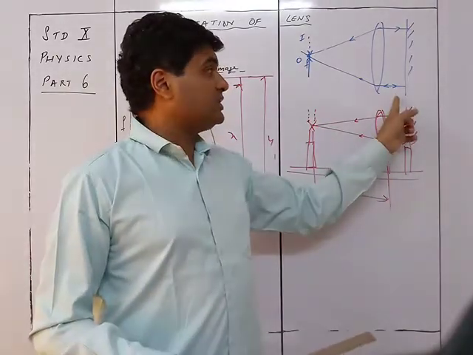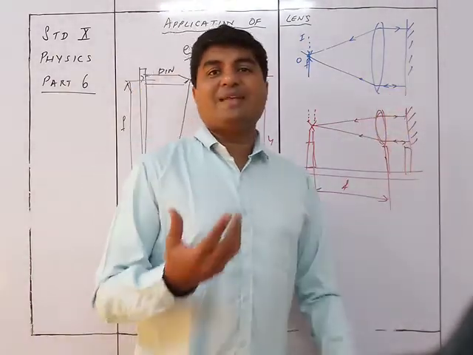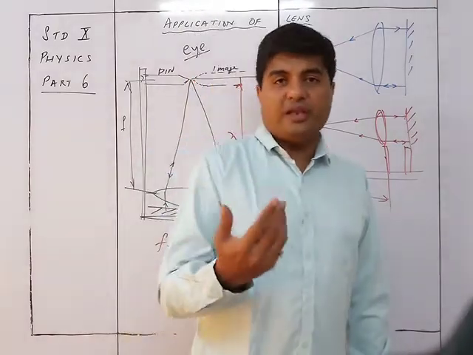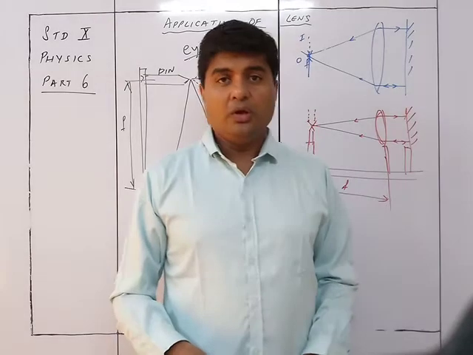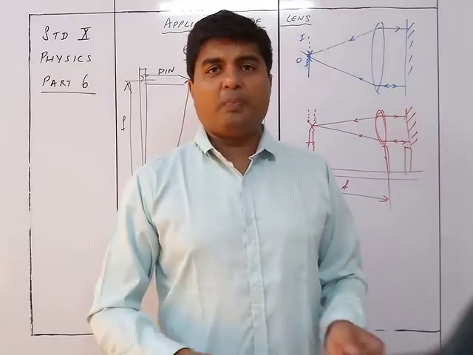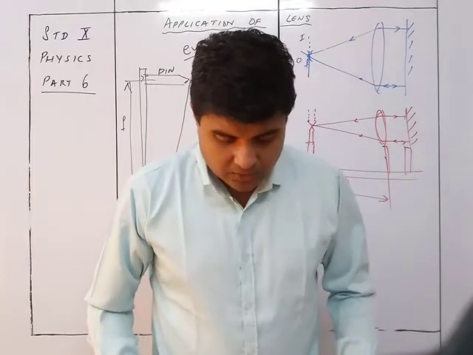So that's why this distance does not matter. We are going to keep it close so that it can be easily seen, and there is no loss of energy from the reflection. To avoid that loss, we place the lens and the mirror quite close to each other.